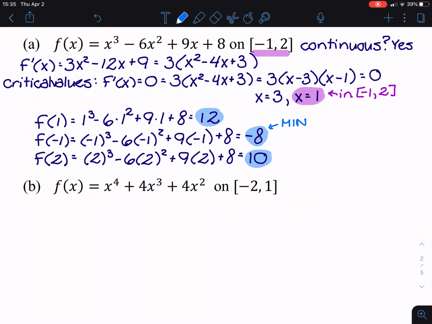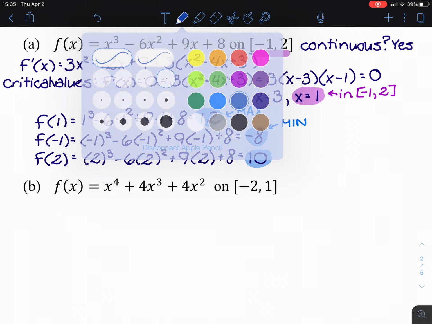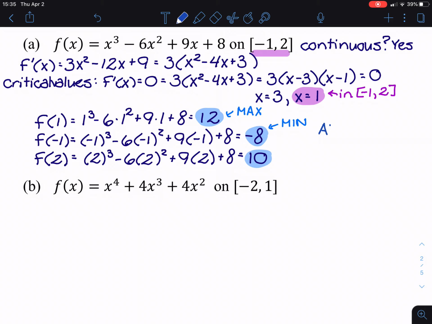And out of 10 and 12, 12 is my maximum value. So my answer is that my absolute minimum occurs at -8, and my absolute maximum is 12.